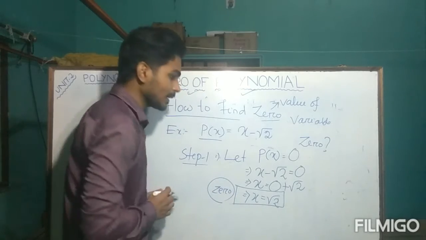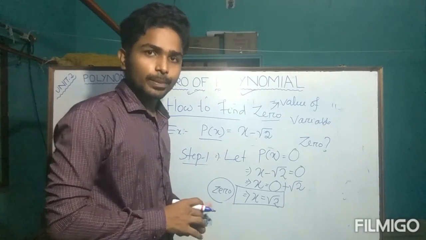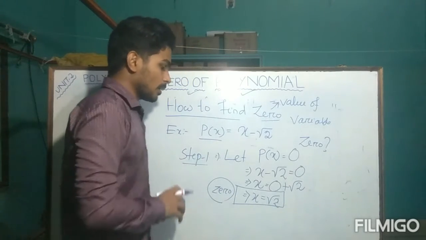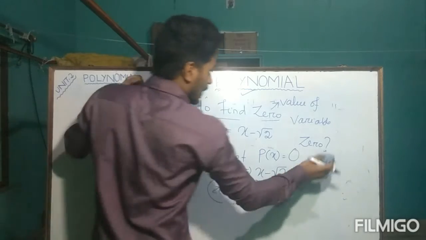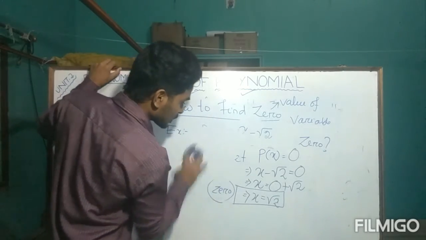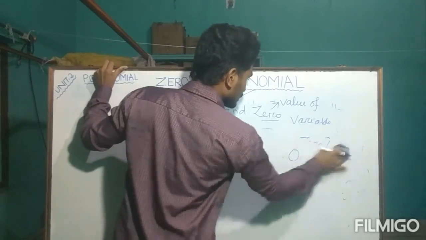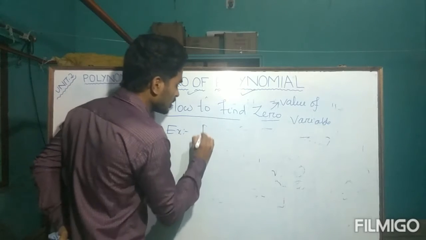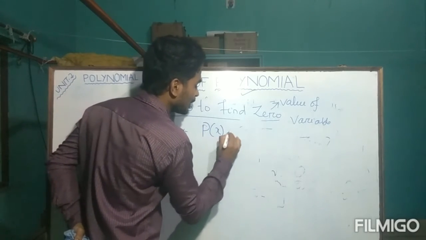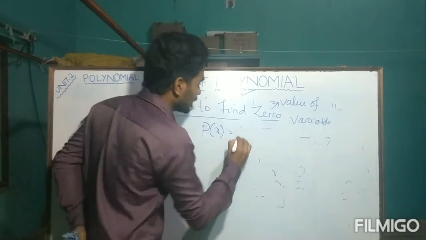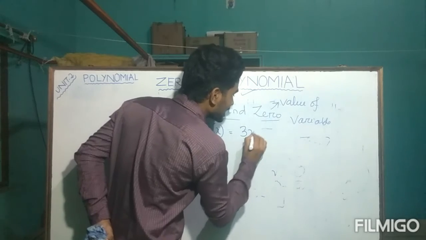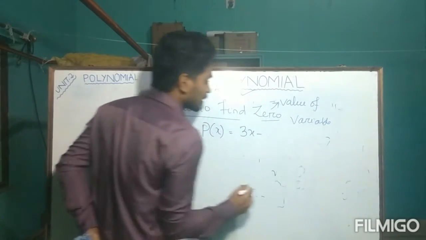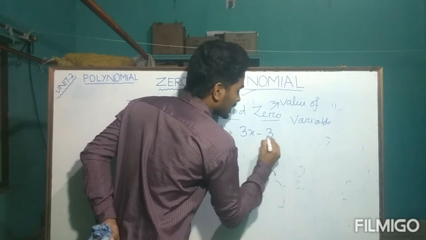I think you are clear about how to find the 0 of a polynomial. Let us find some other question. Suppose the polynomial is given, p of x is 3x minus 33.